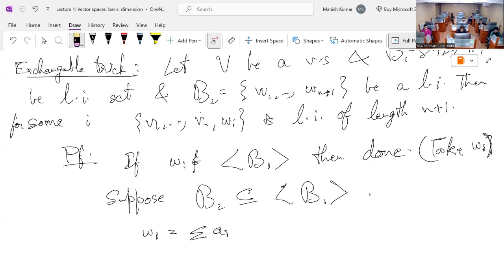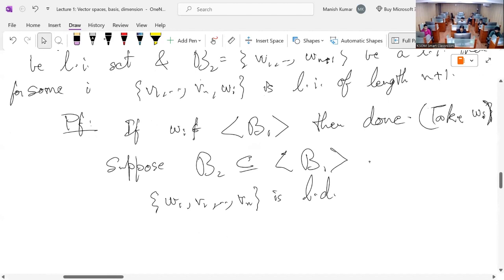So maybe, yeah, it's the exchange trick. What we get is that W1, V1 to Vn is linearly dependent, because W1 belongs to the span of B1.